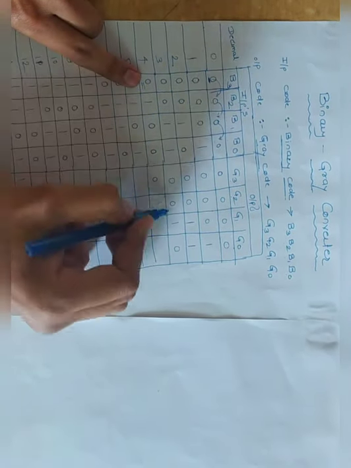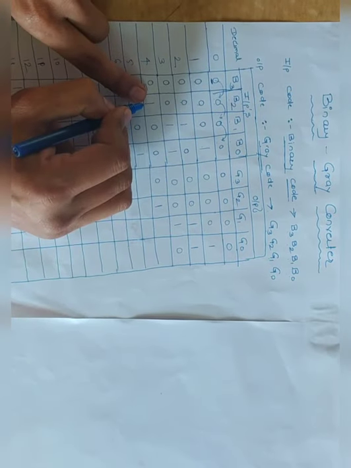Now the first bit is taken as it is, 0. 0 XOR 1 is 1, 1 XOR 0 is 1, so the output is 0 1 1 1.